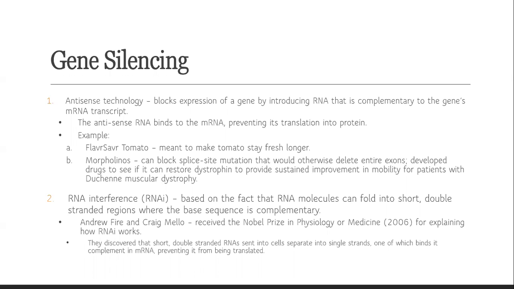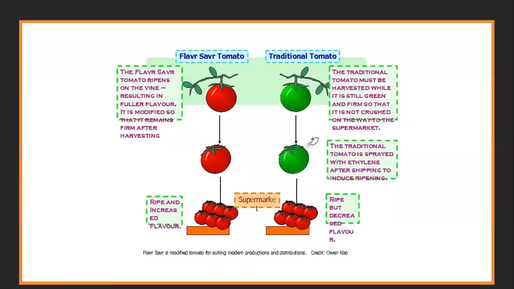They discovered that the short double-stranded RNAs sent into cells separate into single strands, one of which binds its complement in mRNA, preventing it from being translated.